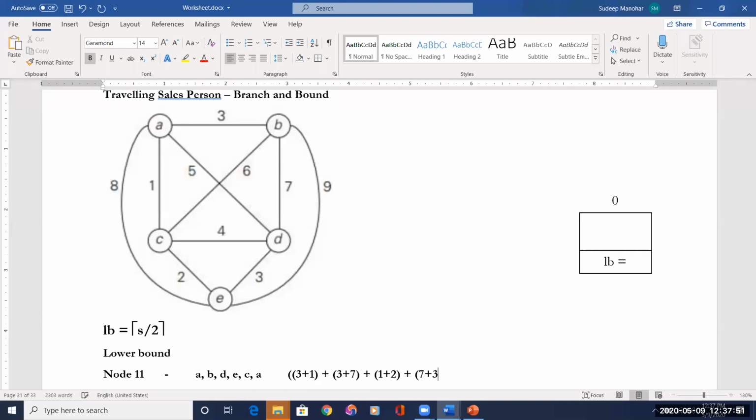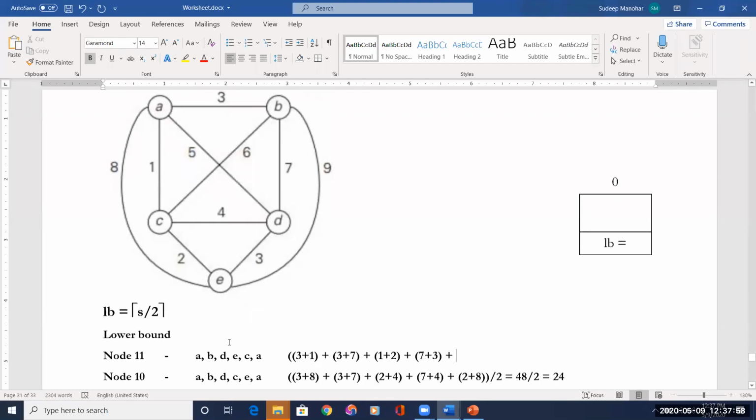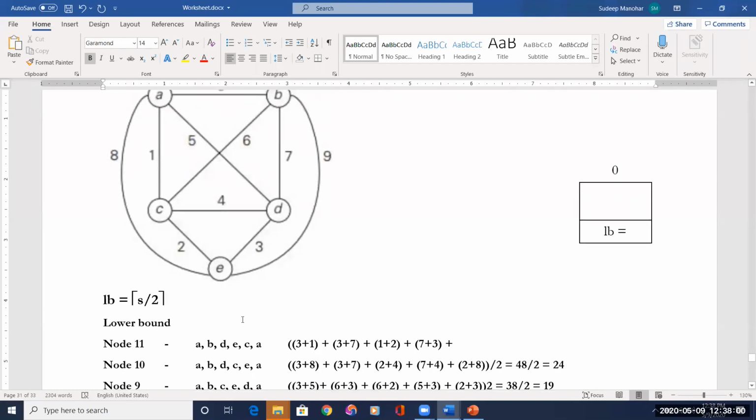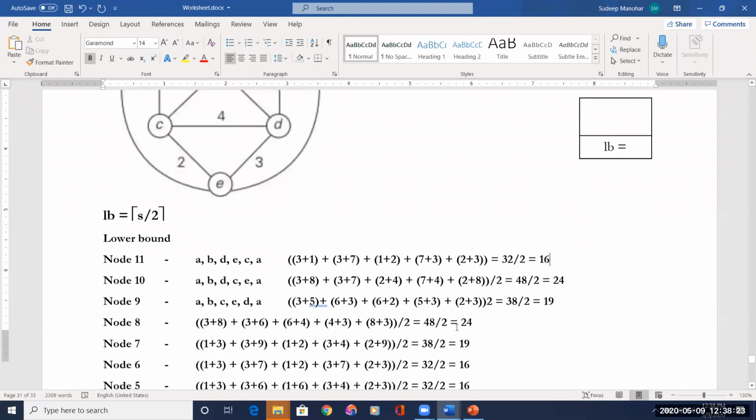Then E. For E, adjacent vertices are D and C. So D and C are adjacent, that is 2 plus 3. Which is equal to 4, 14, 17, 27, 32. 32 by 2 is 16. So we have got 16 for this.